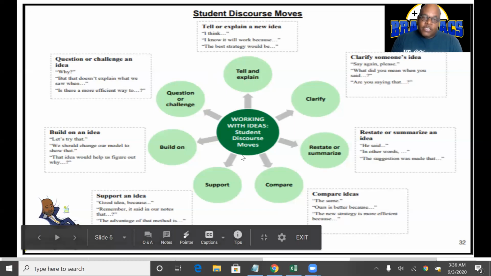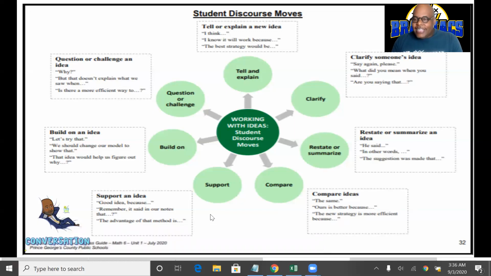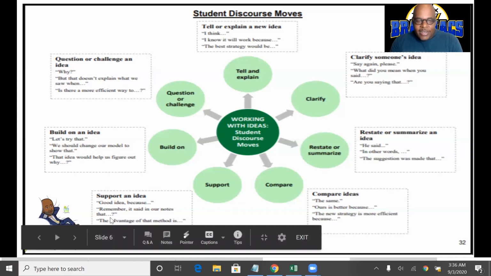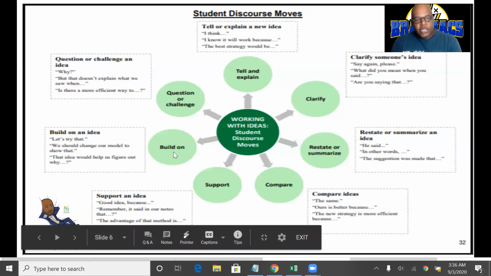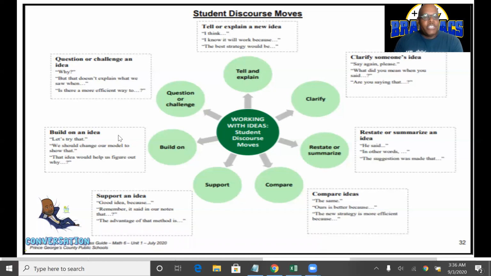A fifth discourse move is the idea of support. So when you support an idea, you say things like, good idea because, or remember, it said in our notes that, or the advantage of that method is. That's providing support. A sixth move is to build on. When you build on an idea, you say something like, let's try that, or we should change our model to show that, or that idea would help us figure out why.